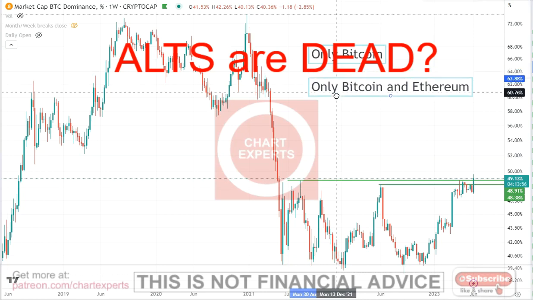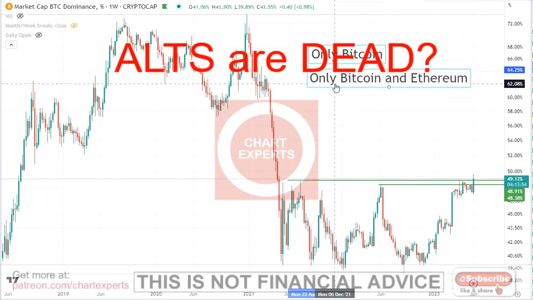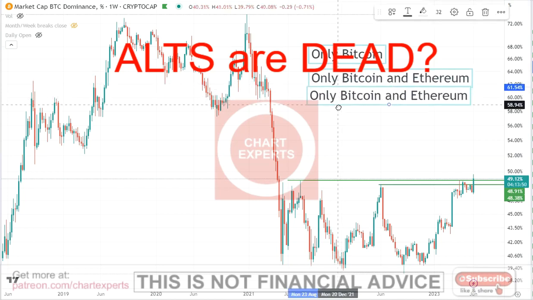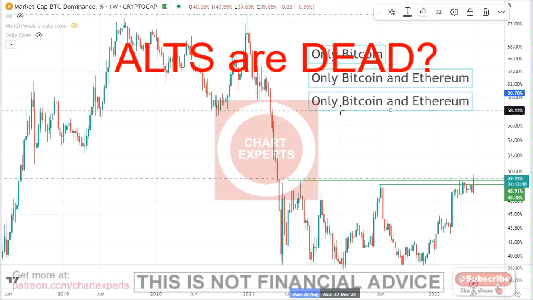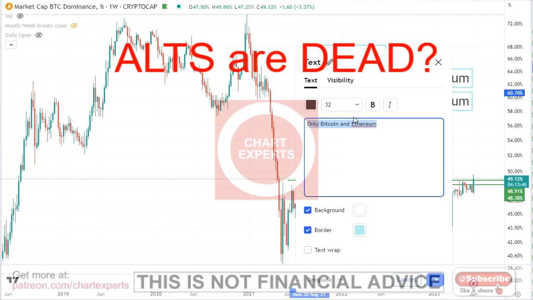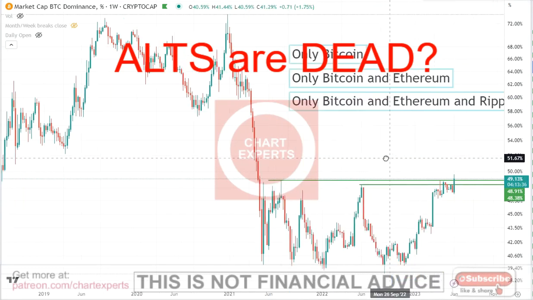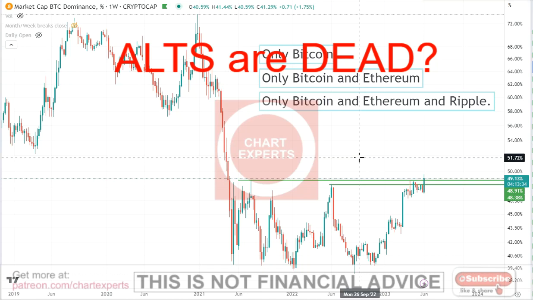Well, you can see how this is moving, can't you? Now I'm not particularly rooting for Ripple, but you can see the flow of thought here.